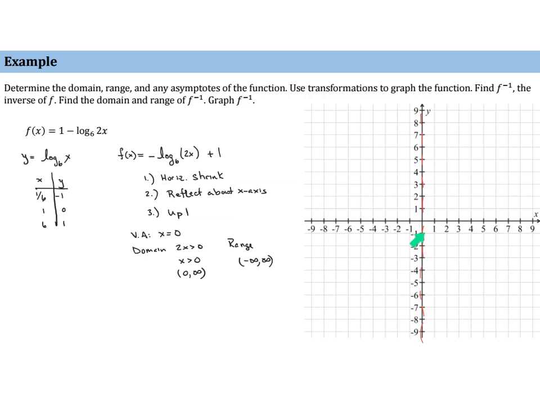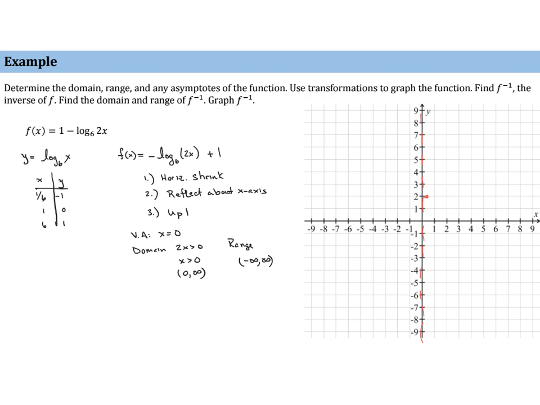We would shrink it so it would get closer to the x-axis. And then we would reflect it about the x-axis, so it would be up here. And then we would move it up 1, so it would be a +2. So we have a number 1/12, comma 2.